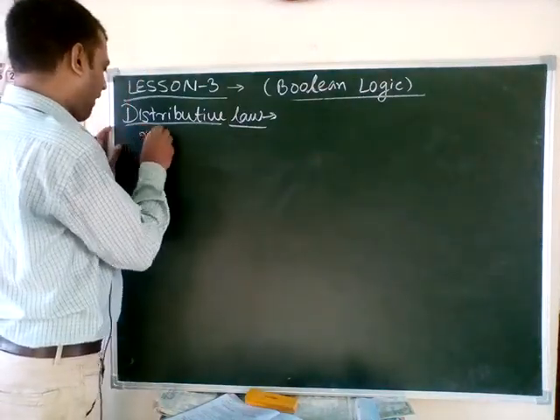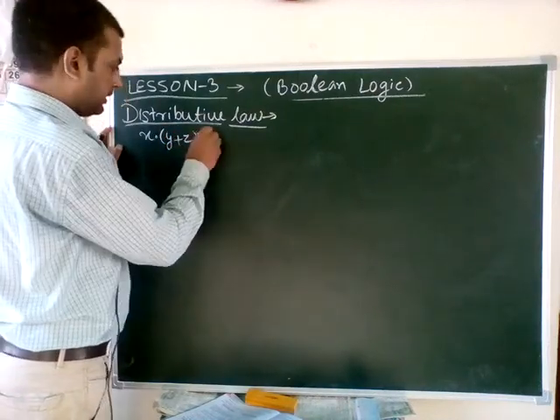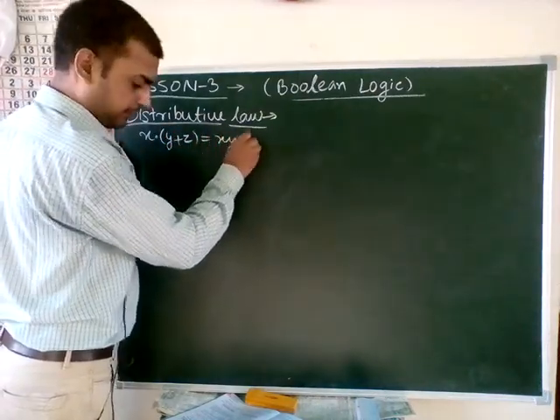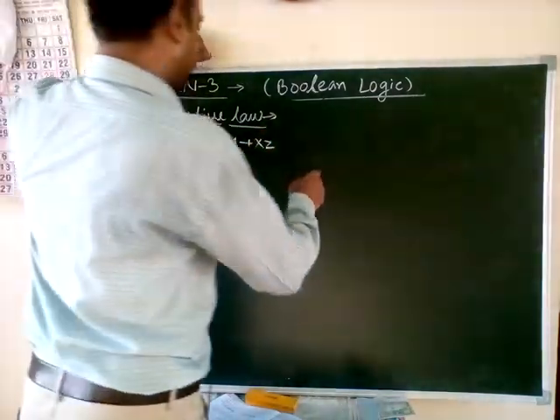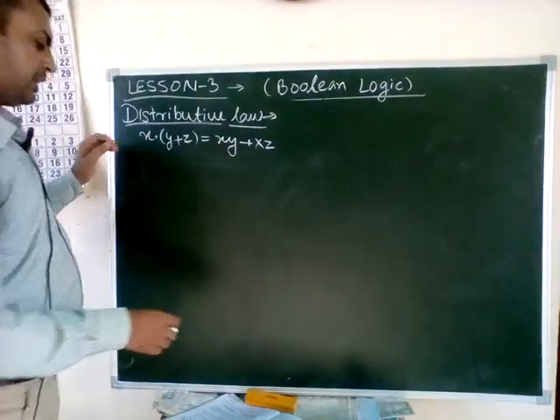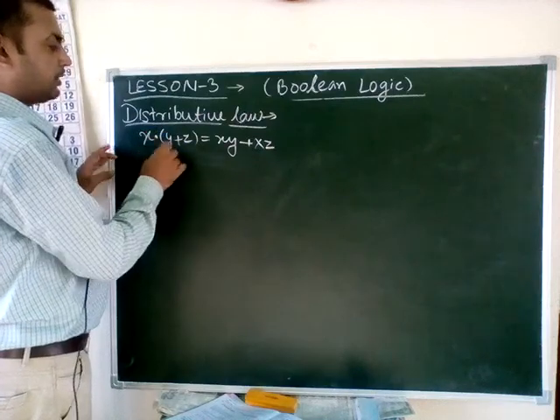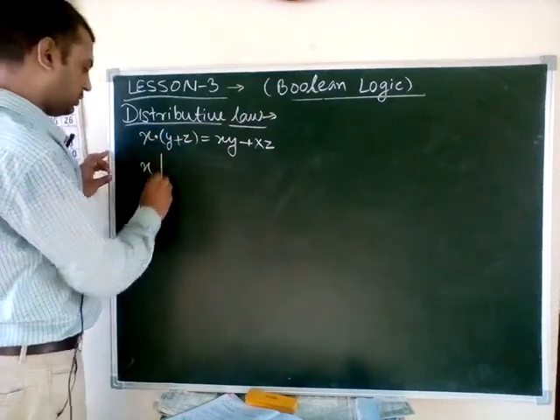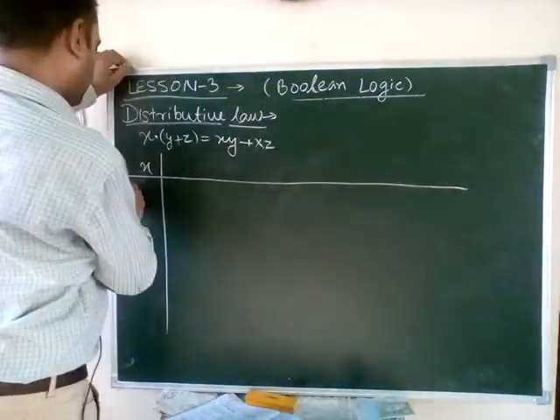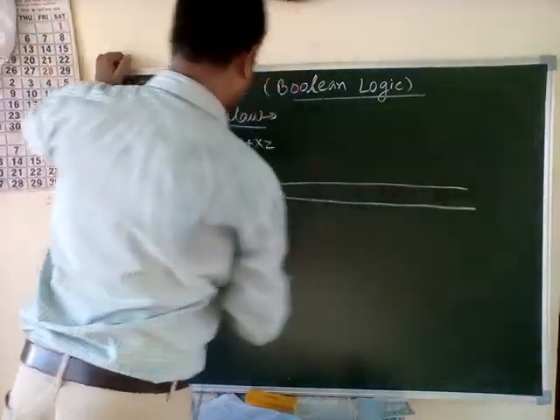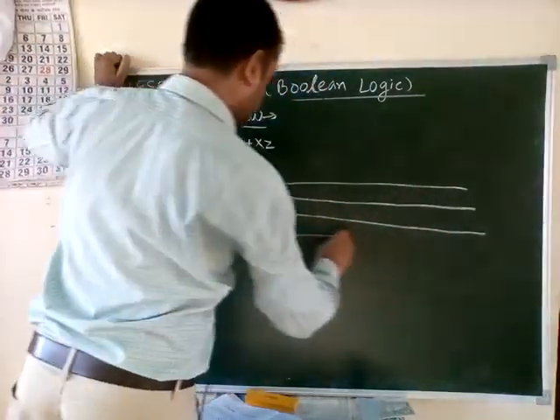X into (y plus z) is equal to xy plus xz, and the second one I am solving after this. Now you can see here, this is a multiplication and this is of 3 variables. So first you have to frame the 3 variable table, and this table will be valid for the previous law also, because the method is the same for both the laws.